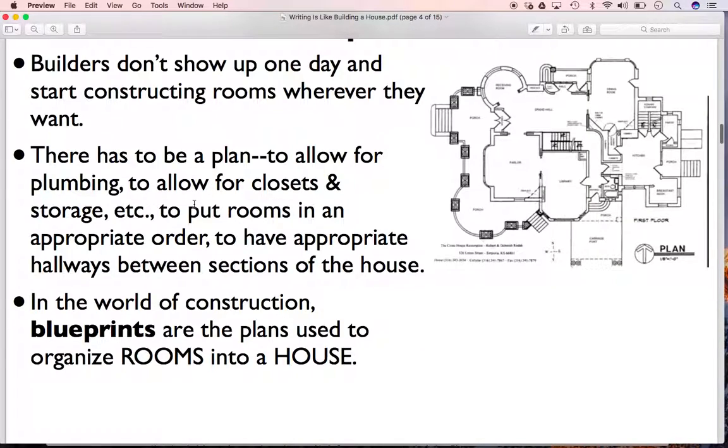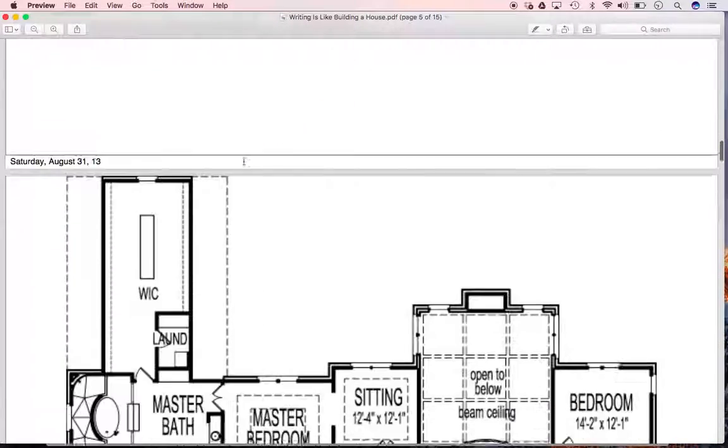There has to be a plan, sound familiar? To allow for plumbing, to allow for closets and storage, etc. To put rooms in an appropriate order, to have appropriate hallways between sections of the house. In the world of construction, blueprints are the plans used to organize rooms in a house.